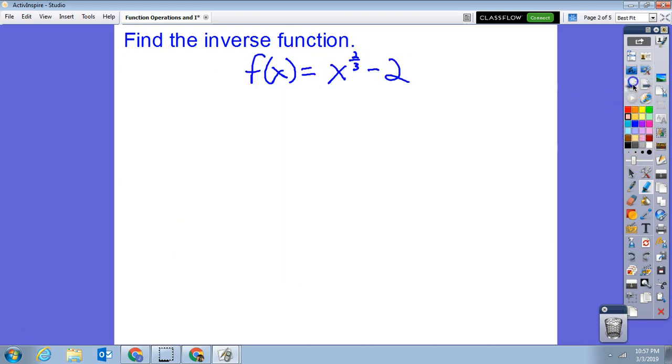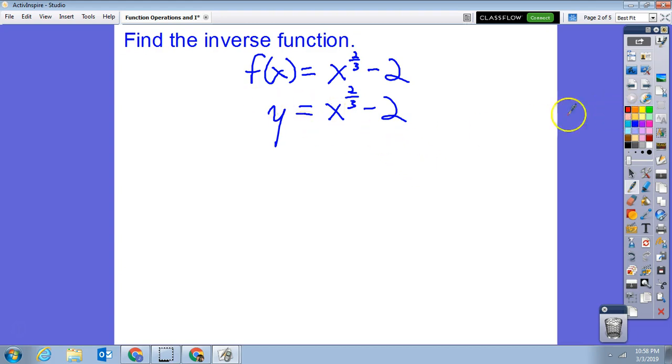So, let's take a look at one that is not a linear function, and that has this little f of x thing that some of us are scared of. This, remember, is just another way to write y. We use it because sometimes we're dealing with multiple functions.